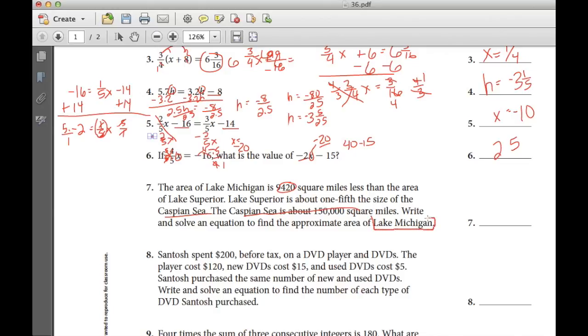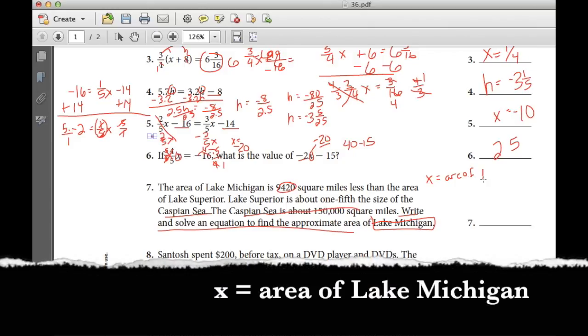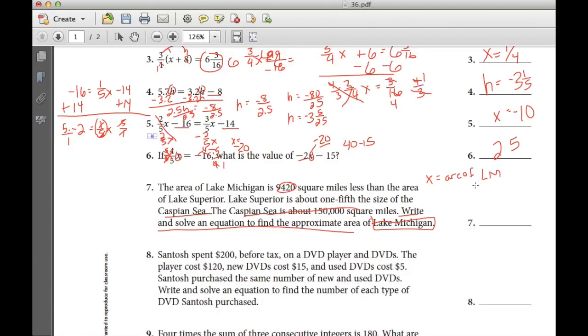And this is where I'm actually going to start, because when you're doing equation story problems, you always want to know what x equals. So in this case, I'm going to say x is equal to the area of Lake Michigan.